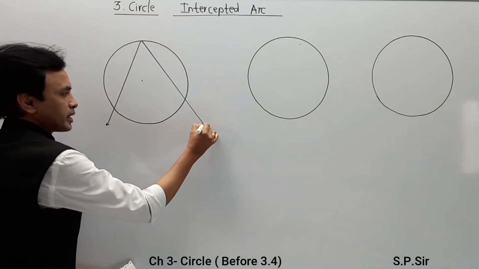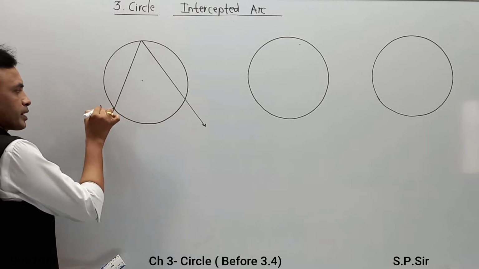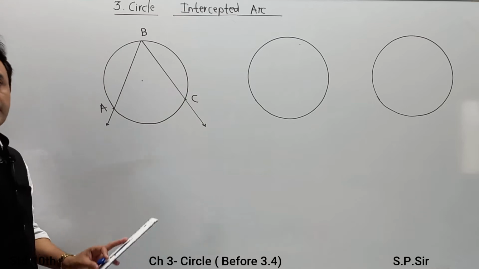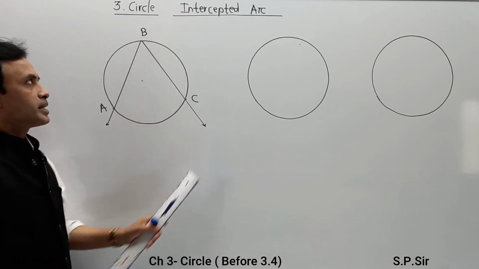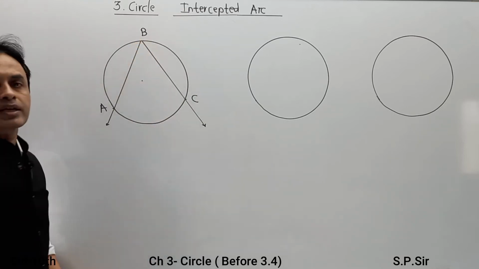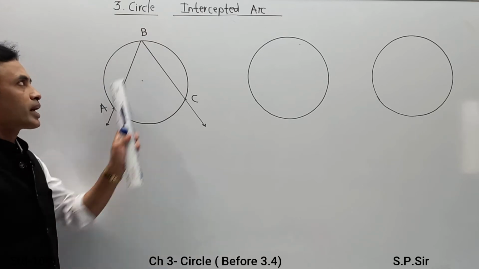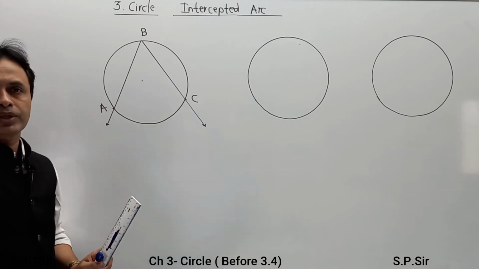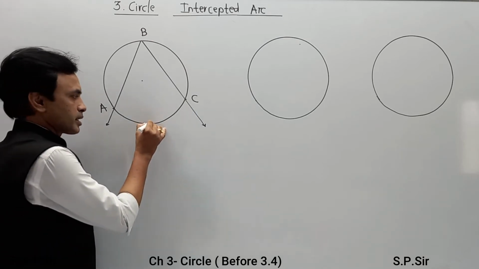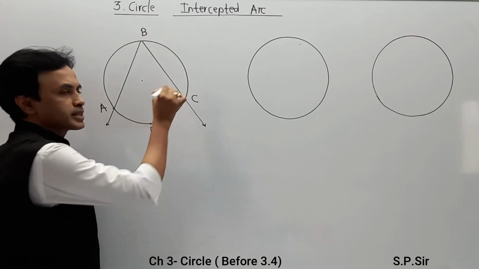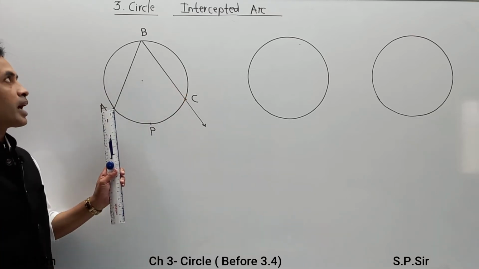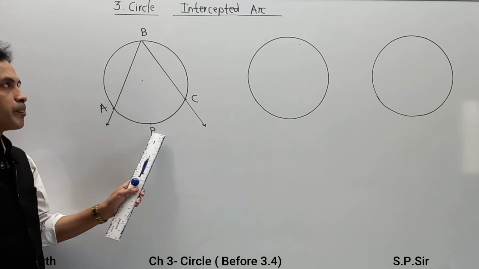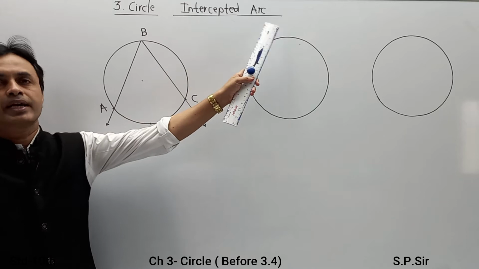I am going to name this angle ABC. Remember very carefully, angle ABC is formed on the circumference of the circle, and due to angle ABC, this arc gets trapped or locked over here. Let us call it arc ABC.